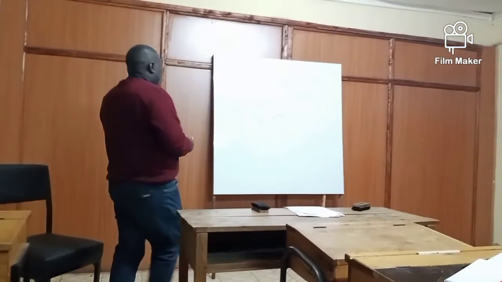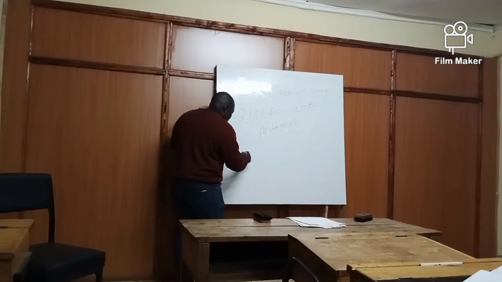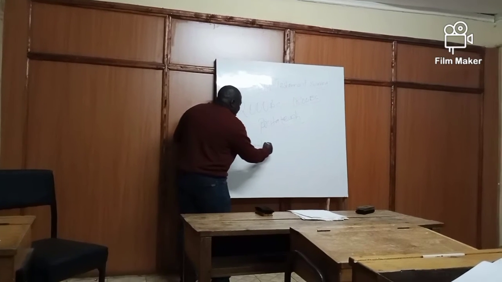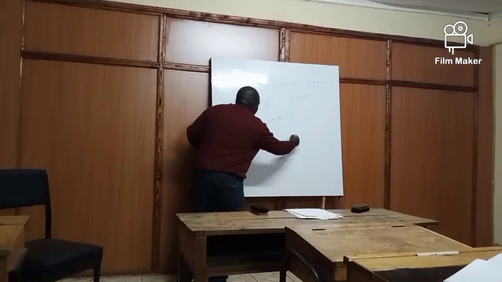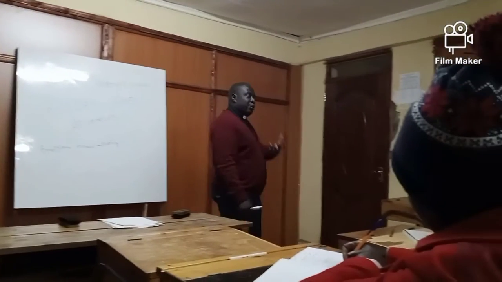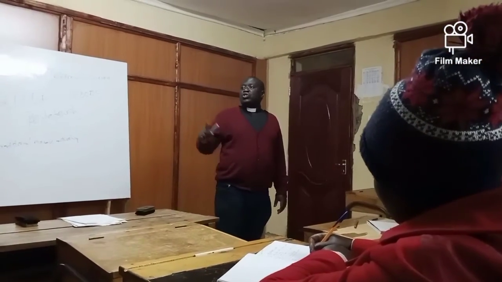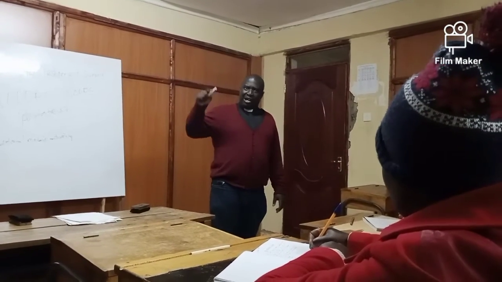Now, there are 2 major positions on who wrote the first 5 books. There are 2 theories on the authorship of the 5 books. The first theory is called the traditional Mosaic authorship. The traditional Mosaic authorship is a theory that postulates that Moses wrote the first 5 books of the Bible.